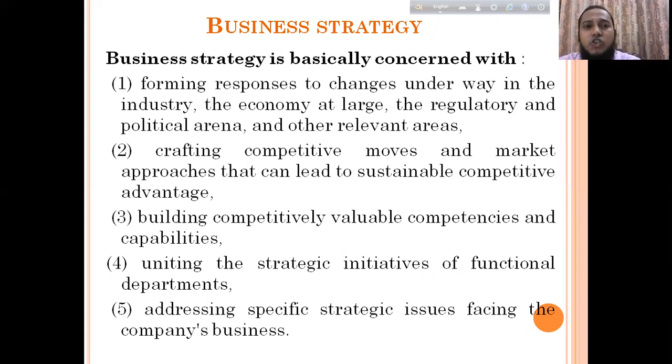And business strategy tries to unite all the strategic initiatives taken by the heads of functional departments. Moreover, business strategy is concerned with addressing specific strategic issues facing the company's business.